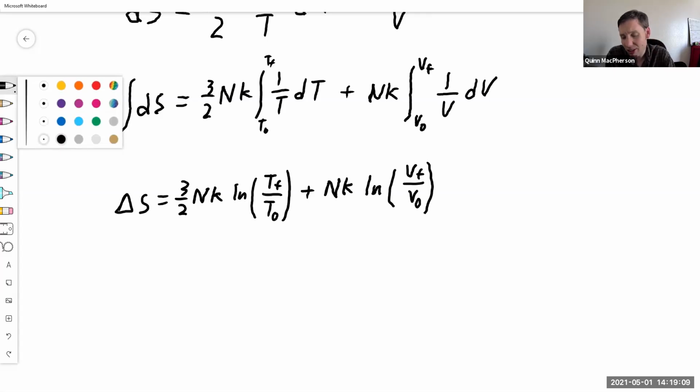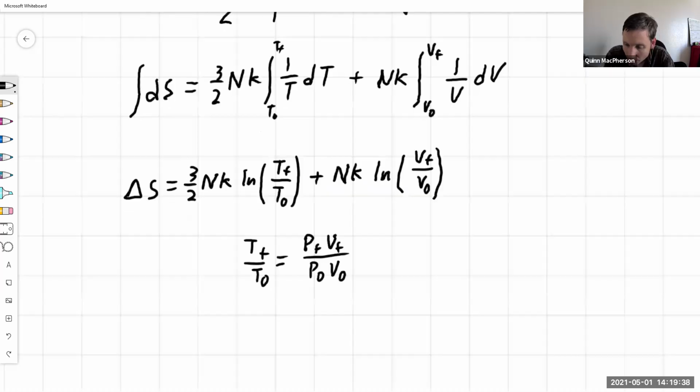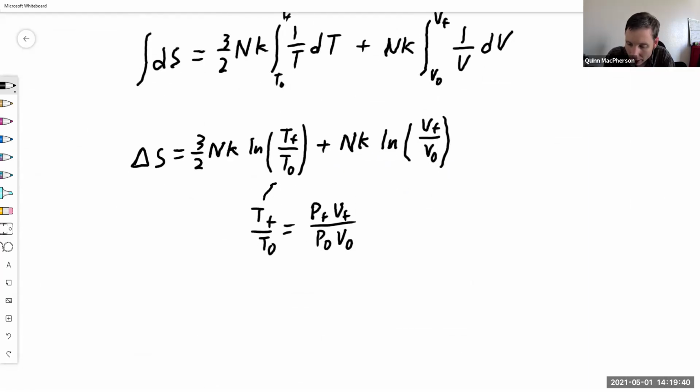So we can use the ideal gas law to relate the temperatures. T final over T initial equals P final V final over P initial V initial. To see that, take PV equals NK T for both final and initial, divide, the NKs cancel, and this is what you get. We can then plug that in there.